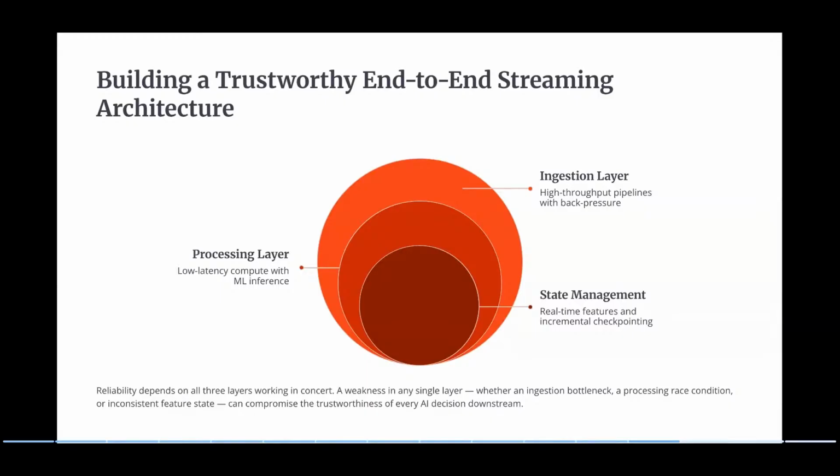And then comes real-time features and incremental checkpointing, right? Real-time features are essentially that you need to be able to extract and infer, or generate, features in real time. And then do incremental checkpointing. Incremental checkpointing means that when your model is training, you read data in batches.